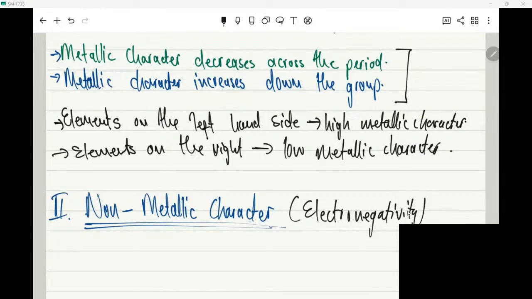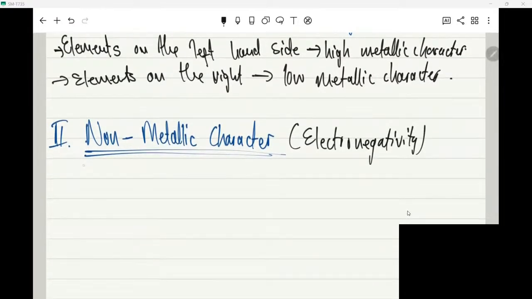Let me talk about it for non-metallic character. What is non-metallic character? It is how much an atom likes to gain electrons. This is non-metallic character. It's electronegativity, which is how much, or how easily, an atom likes to gain electrons.